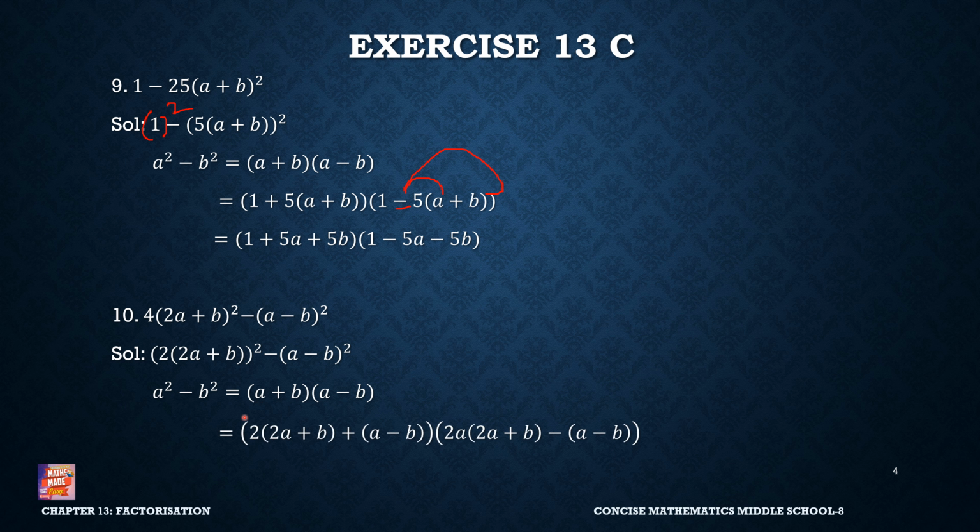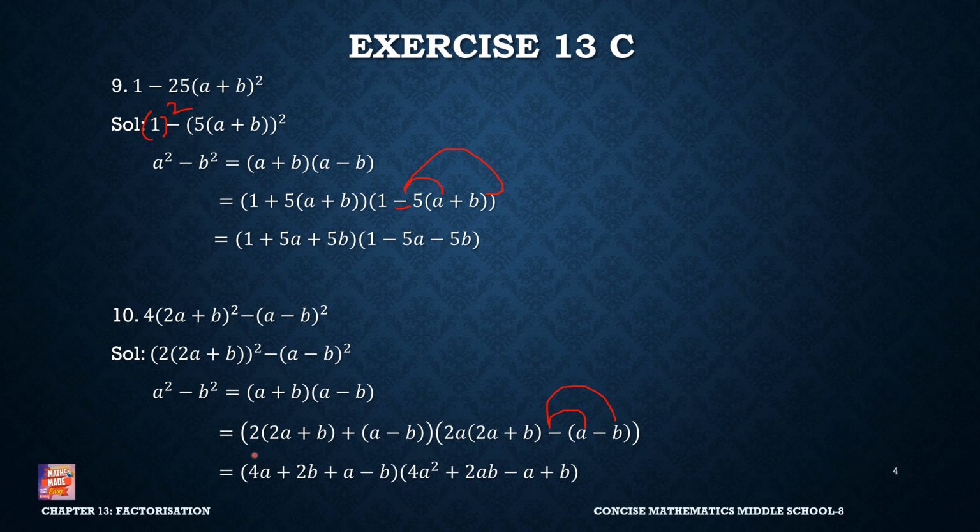Now just place this 2a plus b plus a minus b, and even here don't forget this minus sign, children, and this minus should be multiplied inside with a as well as with minus b, right? So when you multiply it, this is what we get.